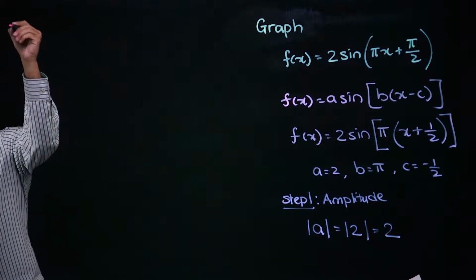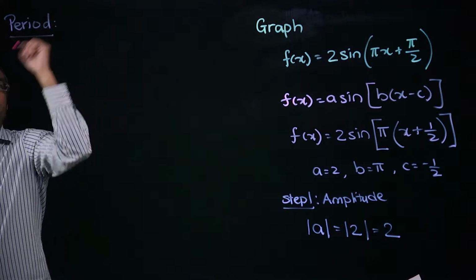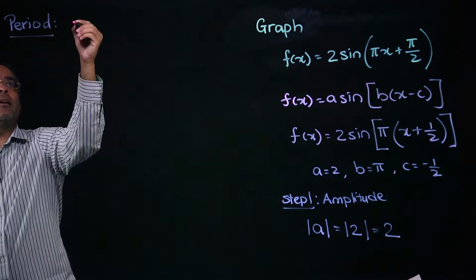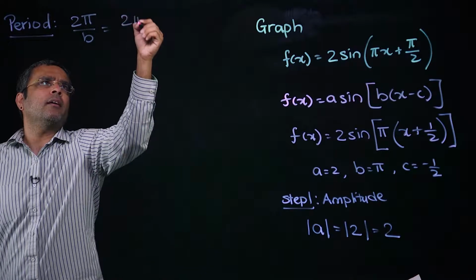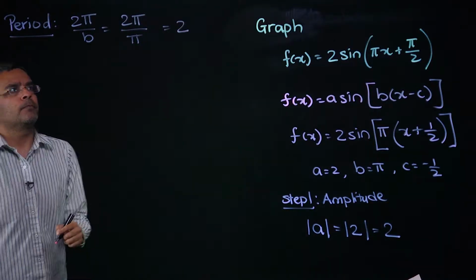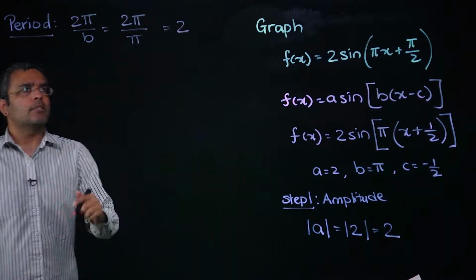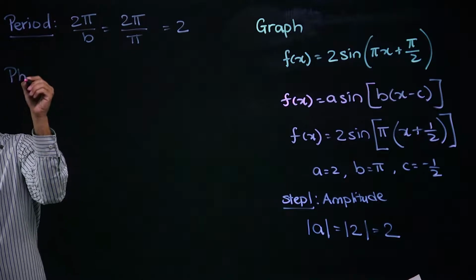Now let's find the period of the function. The period is given by 2π over b, which is 2π over π, which is 2. So the period is 2, and we have a phase shift.